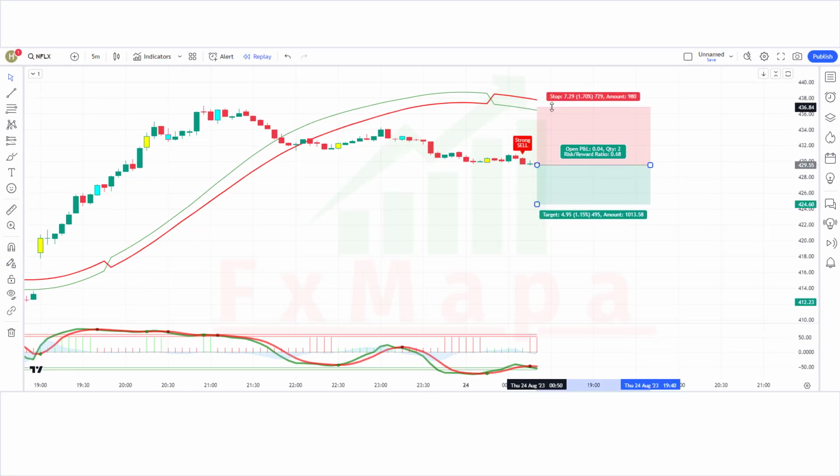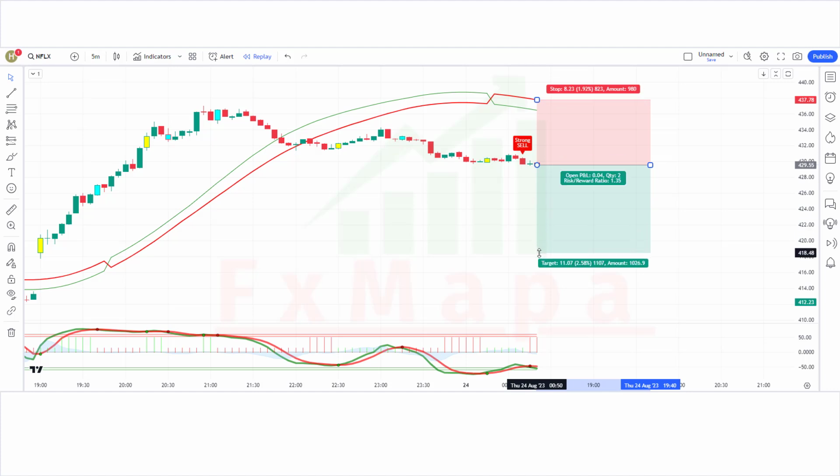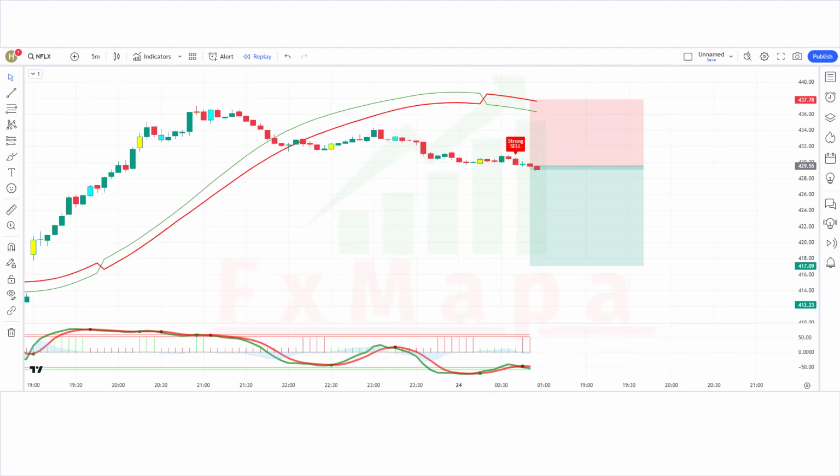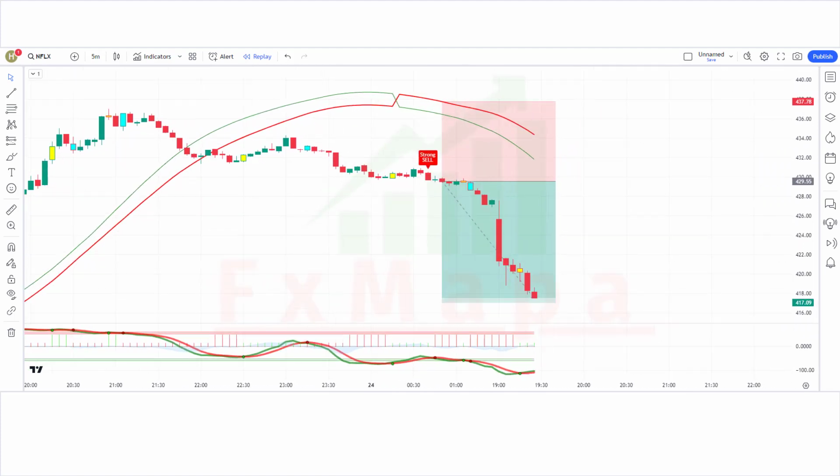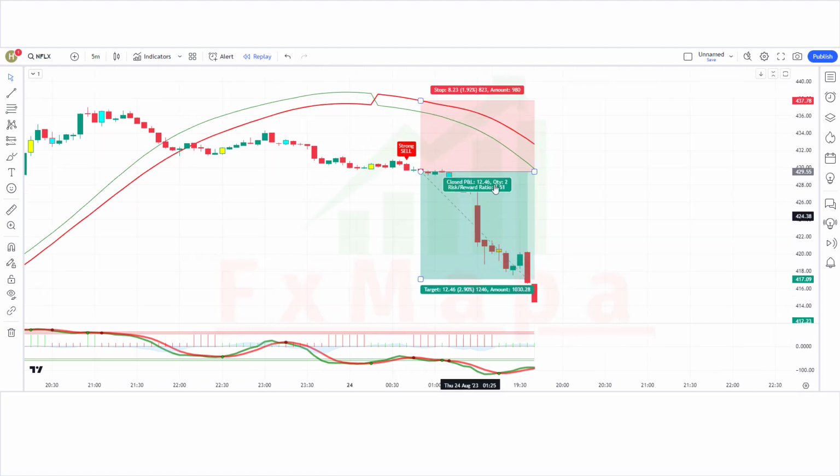Our stop loss will be placed at the red line of the ZUSI main buy sell indicator, and the risk to reward ratio will be 1:1.5. The market has completely hit the target.